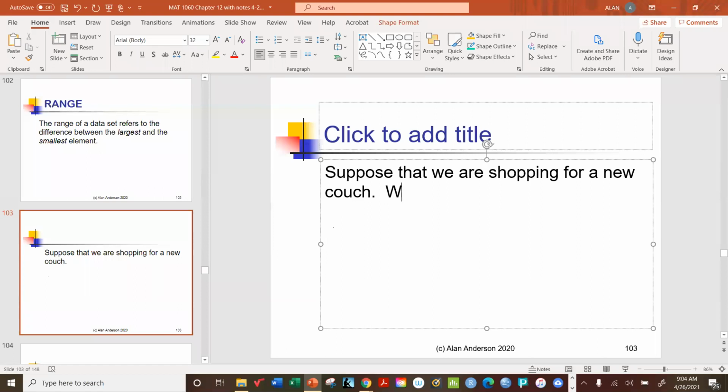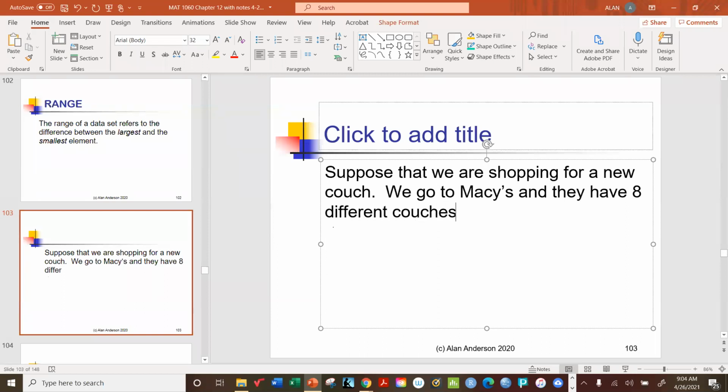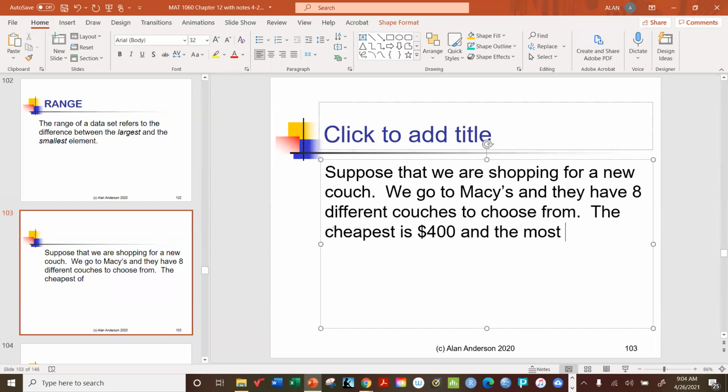Okay, we go to Macy's and they have 8 different couches to choose from. The cheapest is $400 and the most expensive is $2,000.